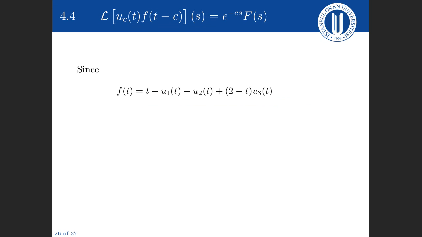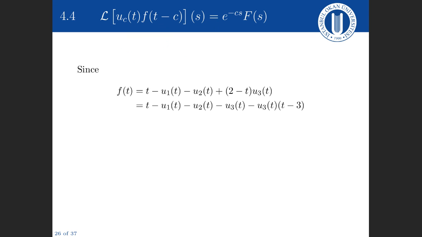Now, we need to do something before we can go on. The formula in the previous page had uc here and f of t minus c. And these were the same number, but we don't have the same number just here. We have the number 2 and we have the number 3. So we're going to have to make a small change first of all.